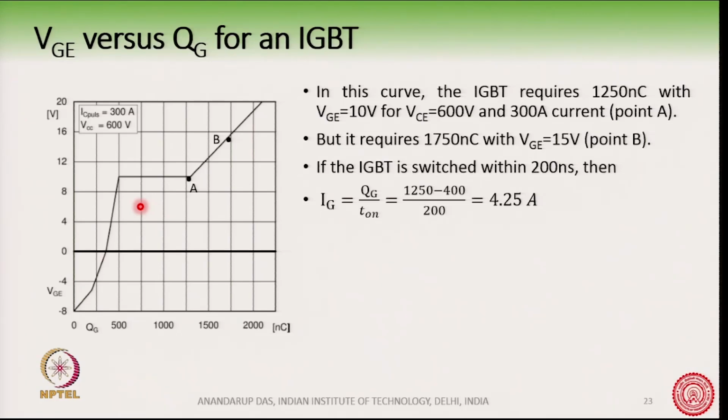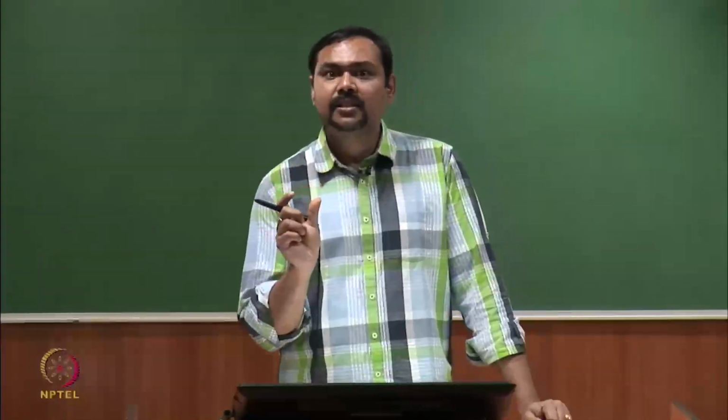Now if you say that I want to switch this device within 200 nanoseconds, then on an average sense I can say that the gate current required will be the total charge divided by the time. As I told you, the main switching transition is from stage 2 to stage 3.